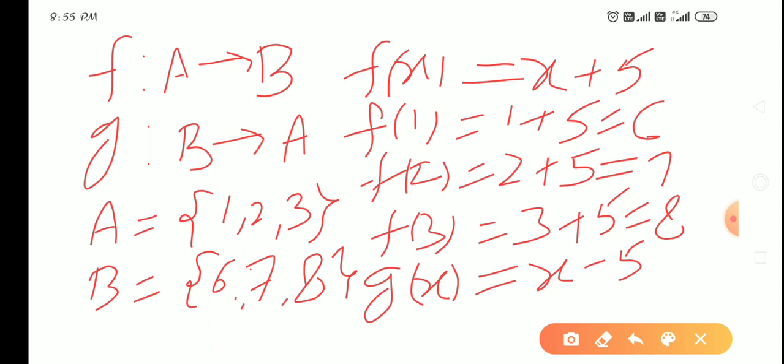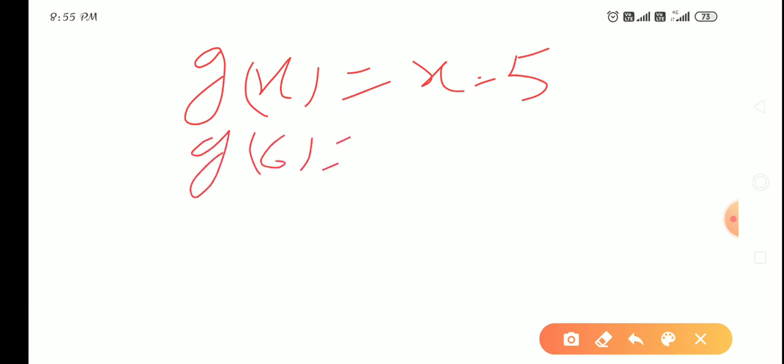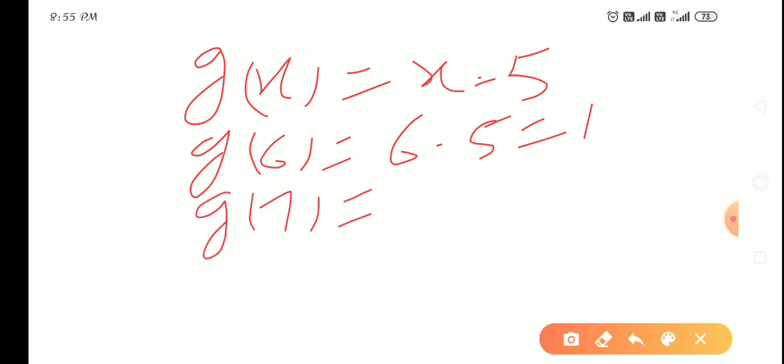In the second case, output of f is 7. If I put 7 here, you can see again g(x) equals x minus 5. If you put 6, then it will come 6 minus 5, 1. If you put 7, then 7 minus 5, 2.